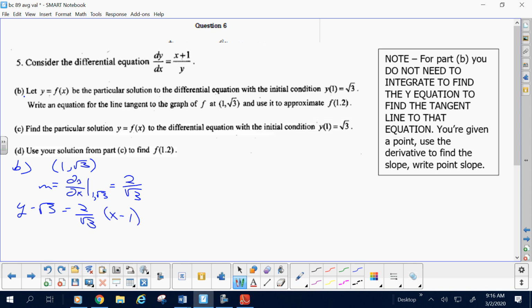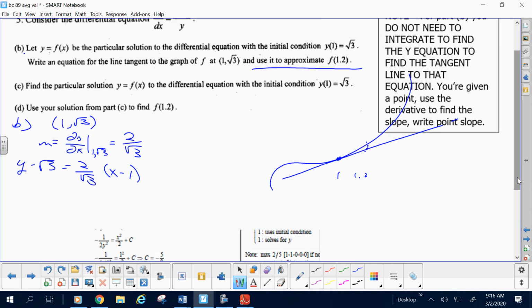Check that. First of all, do you have the tangent line correct? Second, it says use it to approximate f at 1.2. Remember, when you have a curve and you draw a tangent line at a point, you can use that tangent line at points nearby because the y values will be pretty close to the same. That's a big idea of calculus. So if you were to say f at 1.2, what is it close to?